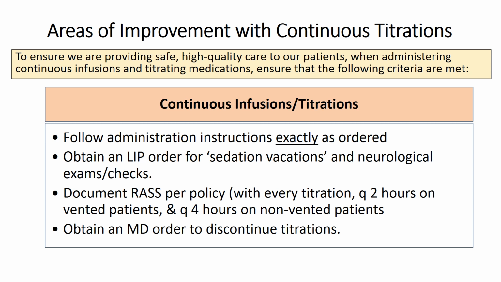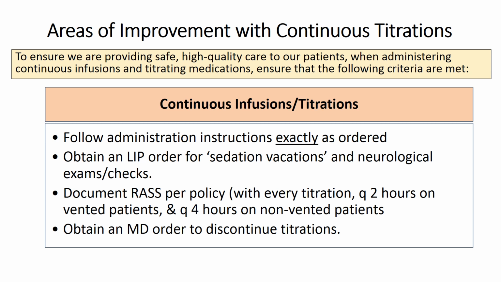So you're going to have to obtain an order for sedation vacations and neuro exams or checks, and you want to document the RASS per policy. This is very important. With every titration, every 2 hours on vented patients. So if the patient is on a ventilator, every 2 hours, and every 4 hours on non-vented patients.